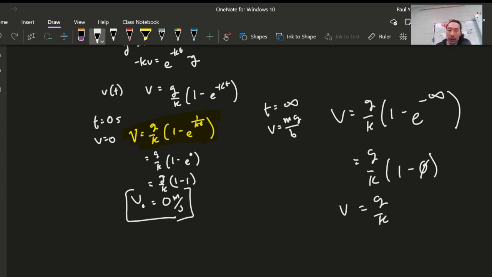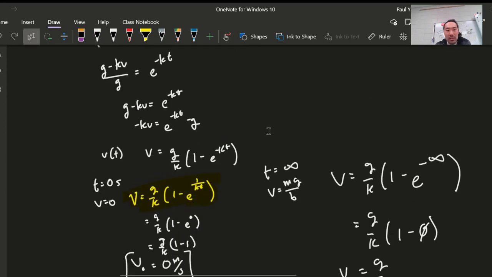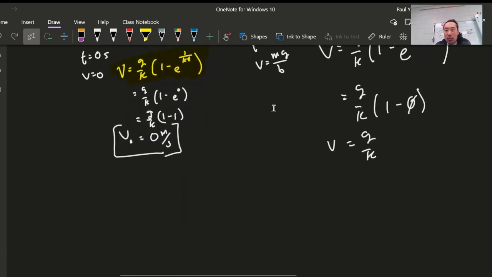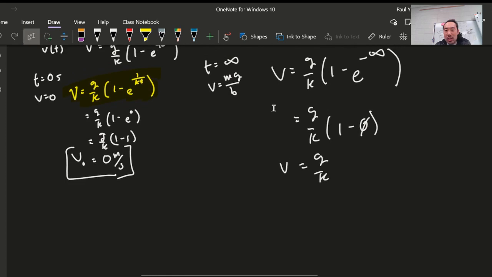Now, the terminal velocity should have been mg over b, and that comes from substituting back in that k with b over m. So we do get g m over b, like so. So we do get that terminal velocity that we figured out through conceptual methods from the very beginning.